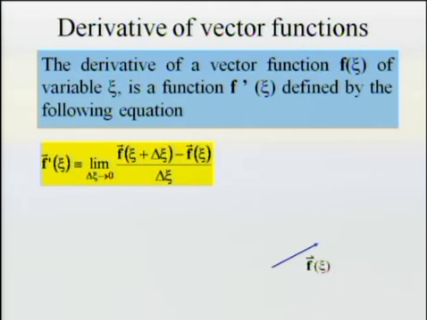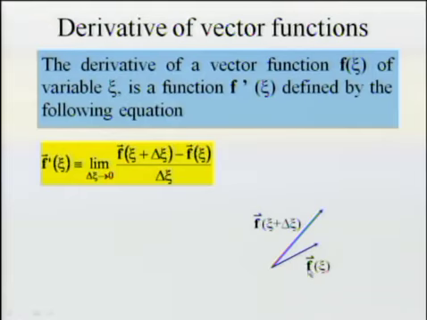Now, let's say that at instant xi, the value of the function is represented by this arrow, and then at argument xi plus delta xi, it's this arrow. So what would be the difference between these two? Consult with each other. Can you imagine the difference between these two?